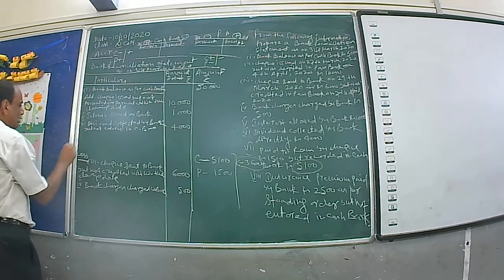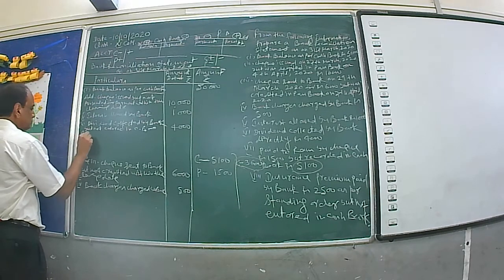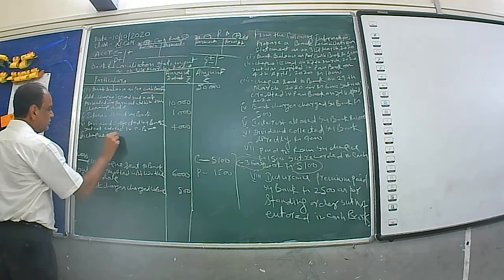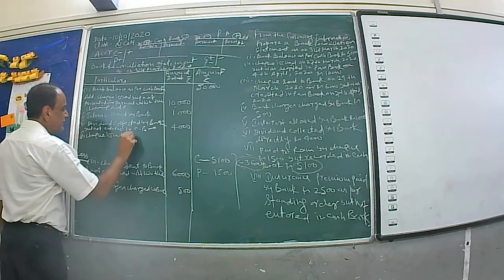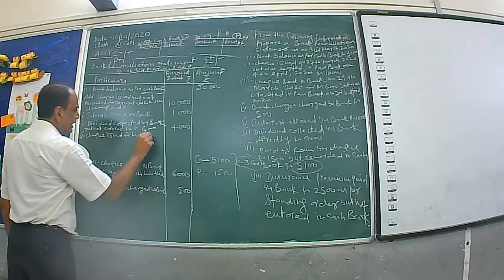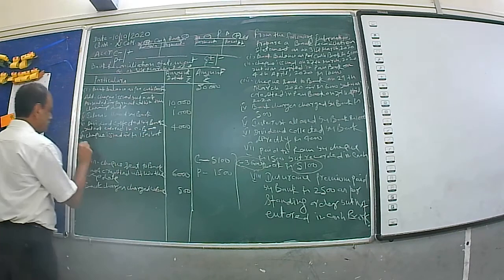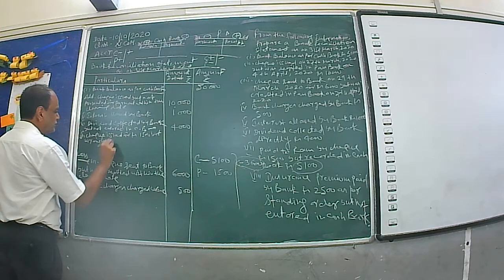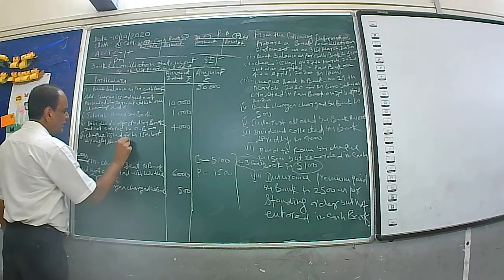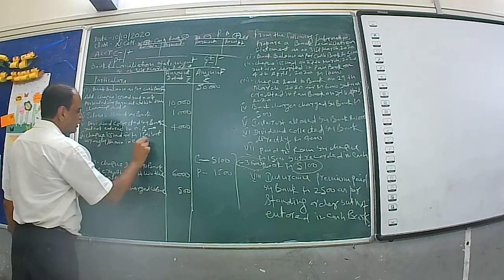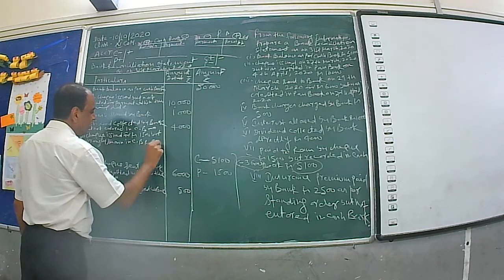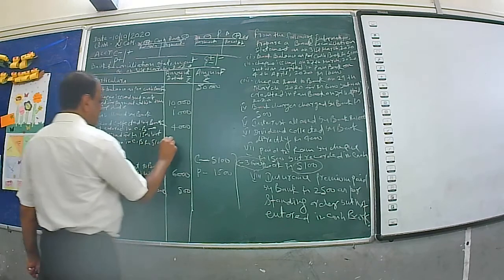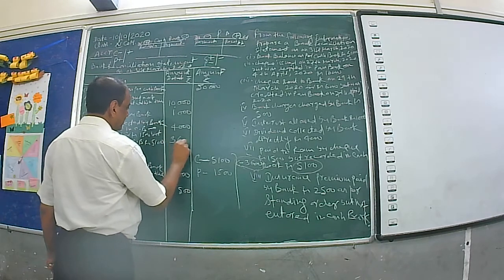So then you will have to write number 7: check issued for rupees 1,500 but wrongly shown in cash book rupees 5,100. The amount is 3,600.